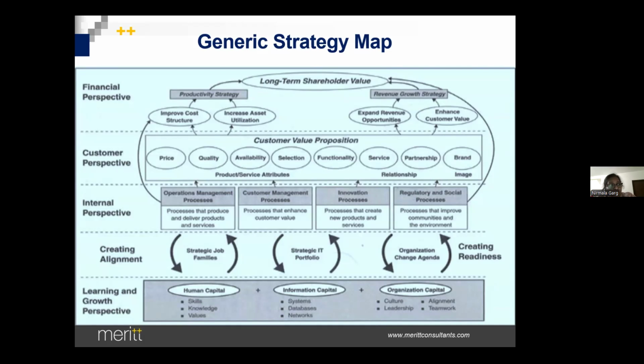Thereafter, they said, hey, execution still is becoming a challenge. Then they came up with a strategy map. Have you heard of a strategy map? Every organization these days creates a strategy map. Simple: a map which helps you to map.